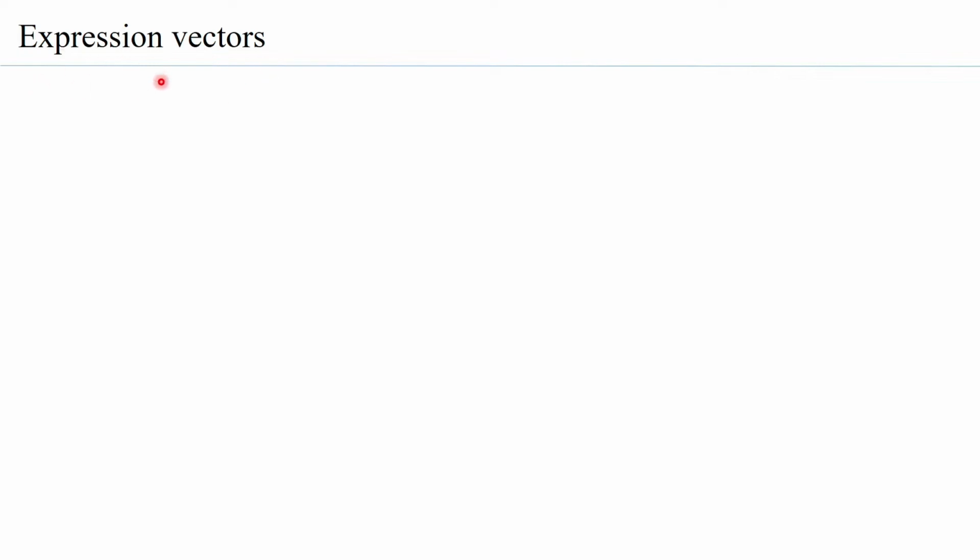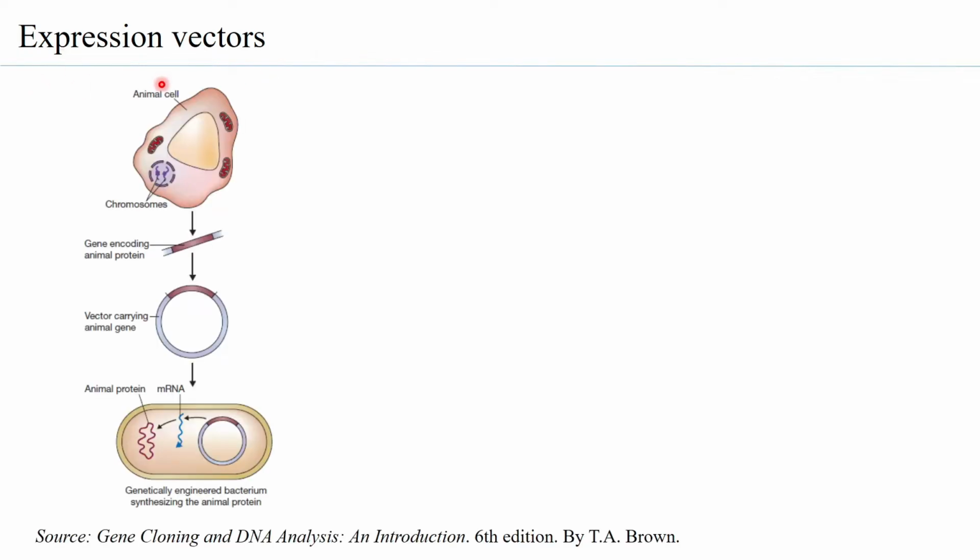So primarily, what are expression vectors? Say for example, you are isolating a DNA from an animal cell, and from that DNA you isolate a gene of interest that gives rise to a protein that has a certain demand.